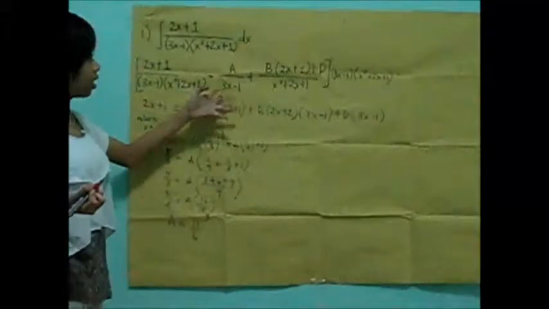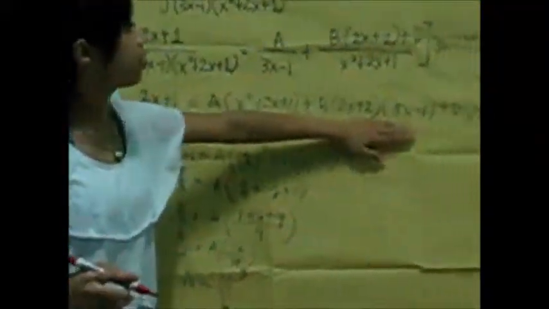Now, since we don't have any values to make any constant to be 0, we will proceed to comparison. And we will expand this: 0 is equal to A plus 6B. Since we have a value for A, 15 over 16, we will substitute it.